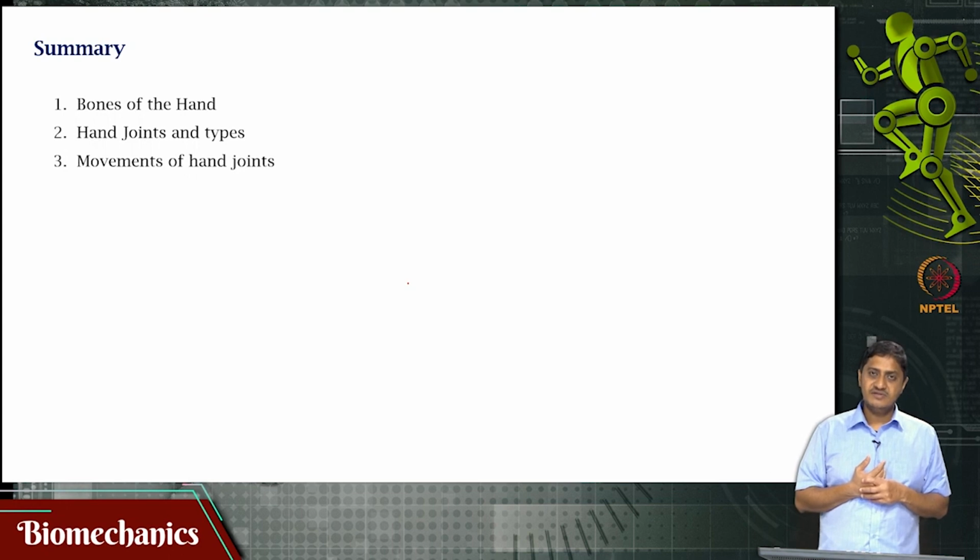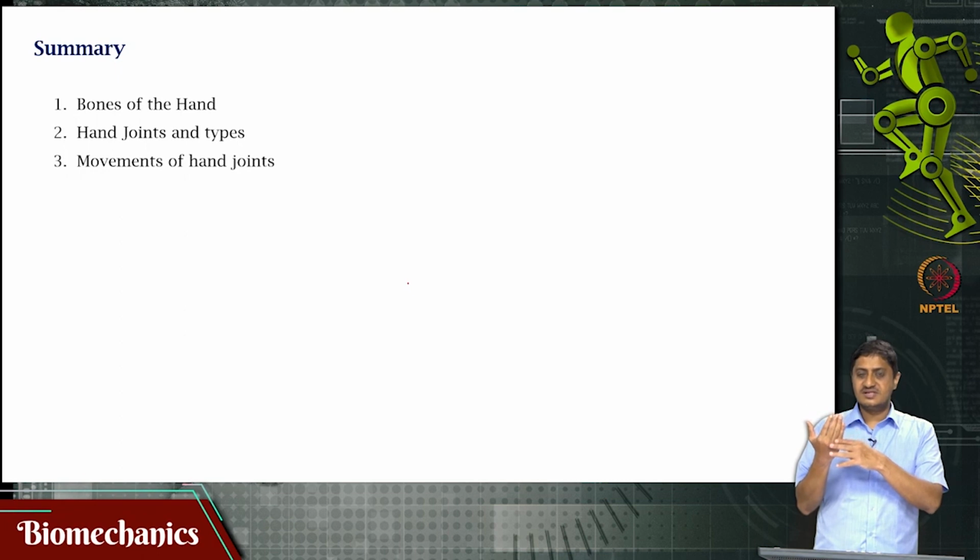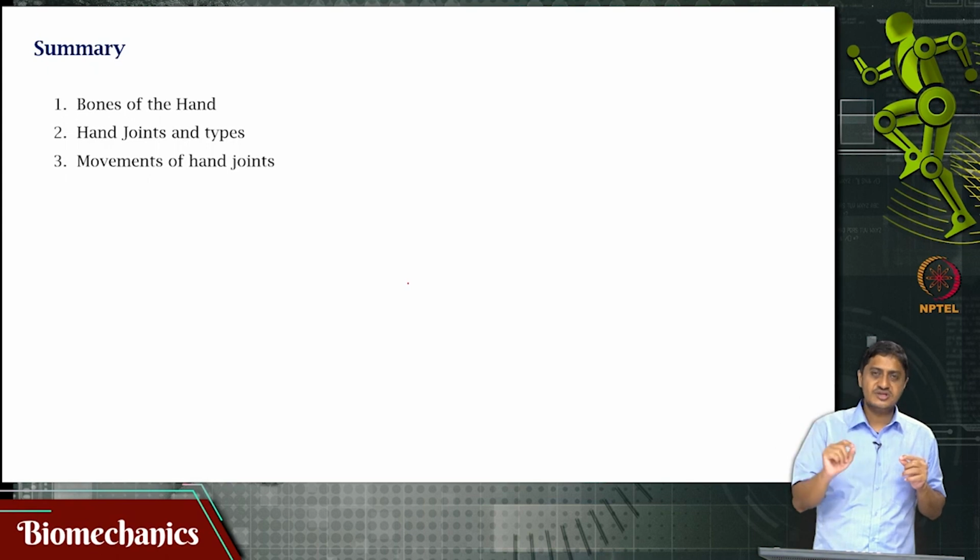Then after the metacarpal bones you have the finger segments themselves. These are called the phalanges. Singular is phalanx, plural is phalanges, right. The phalanges are 3 in number for the 4 digits 2, 3, 4, 5 and 2 in number for the thumb, and the corresponding joints.